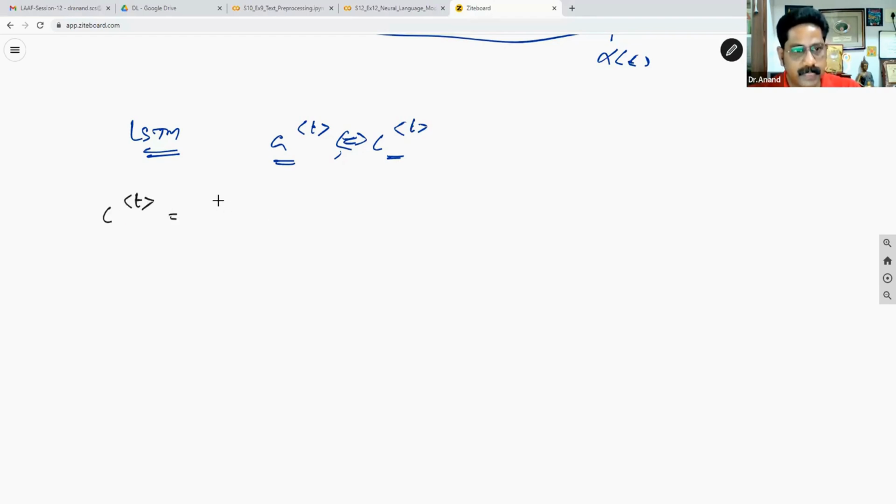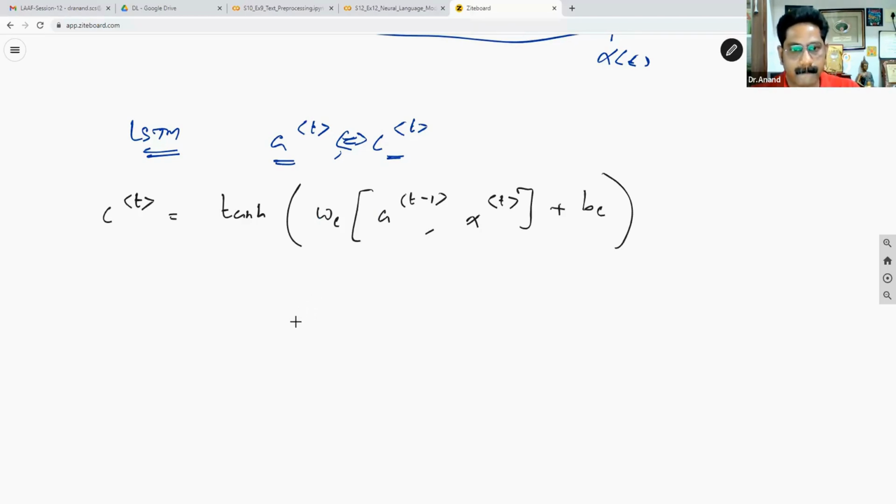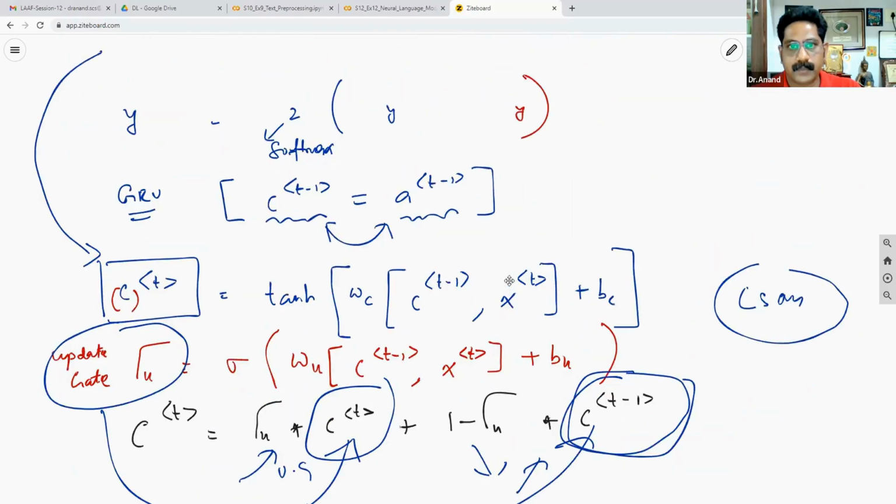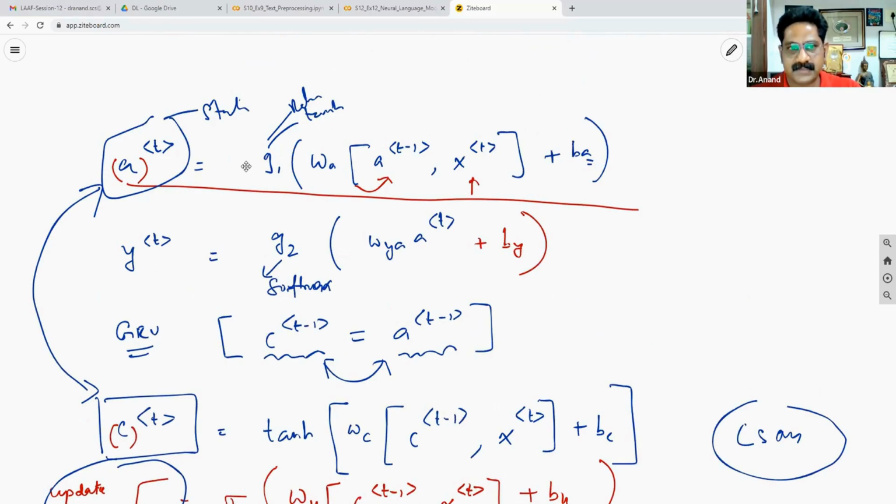We write, like a GRU, tanh of Wc, AT minus 1, XT. This equation looks the same as your GRU. What is the difference? Same as this, isn't it? Same.